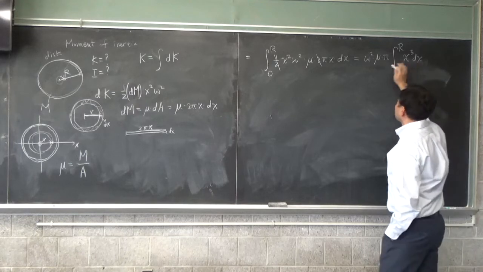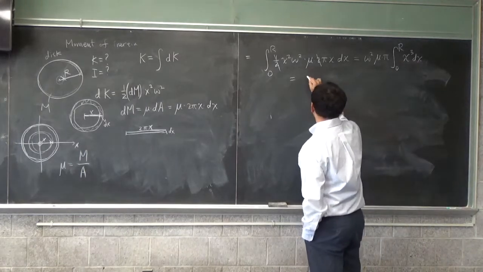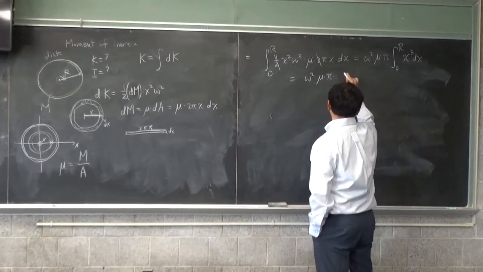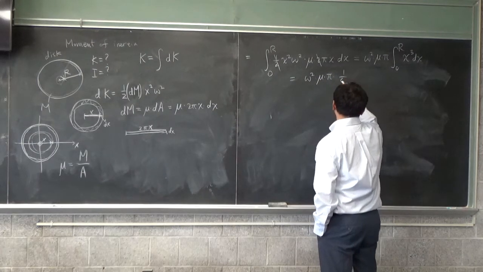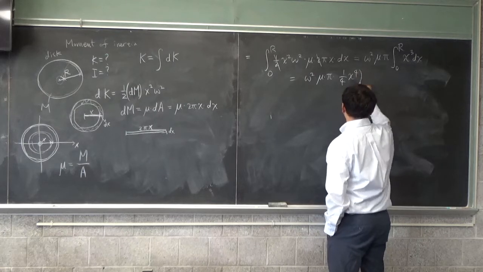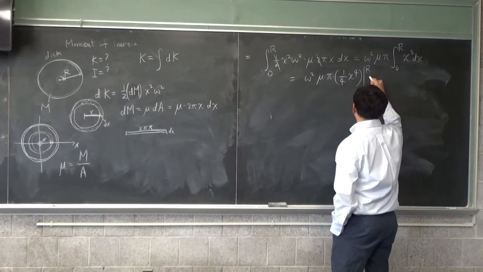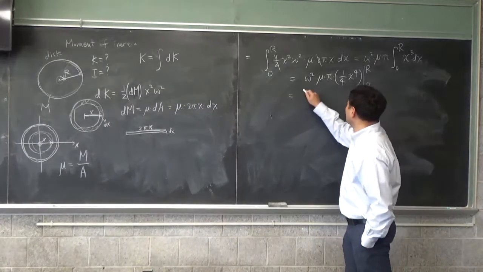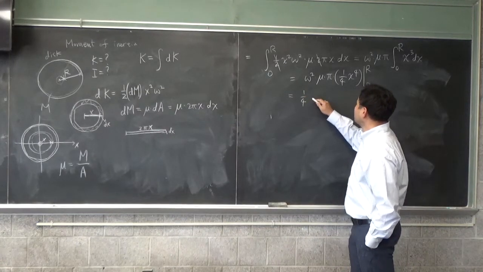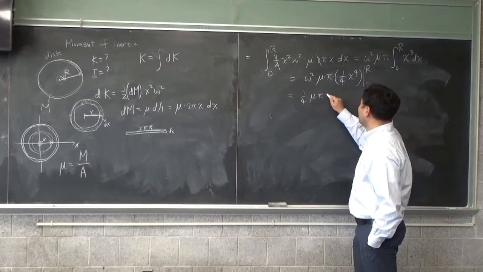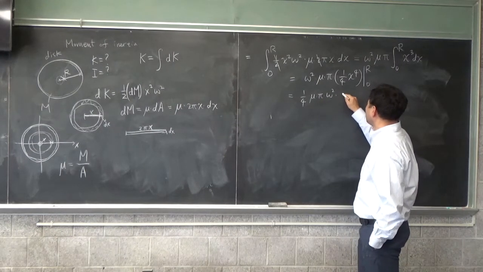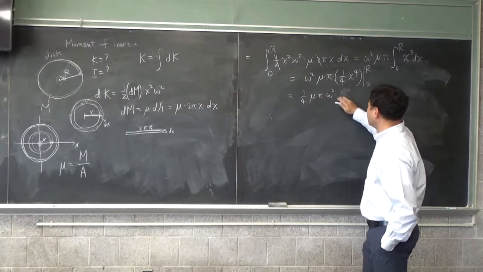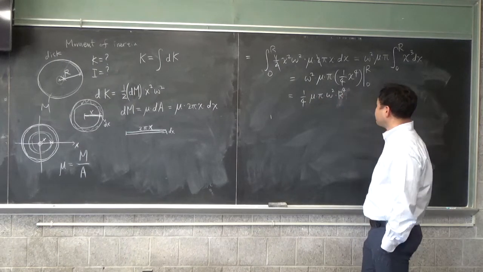Now you integrate x cubed, you get 1/4 x to the 4th, plugging in r and 0, which gives you 1/4 mu times pi times omega squared times r to the 4th.